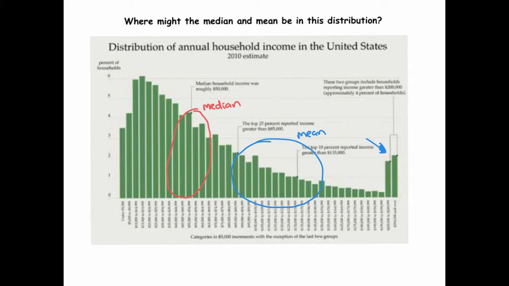Does that really tell us that is the typical income? Is it really true that the typical income is $100,000 for people in the U.S.? Probably not, because most people make incomes that are over here on the left. And the mean is misleading because you have some really wealthy people who are pulling that average up. So that number is not something I would report in this case.